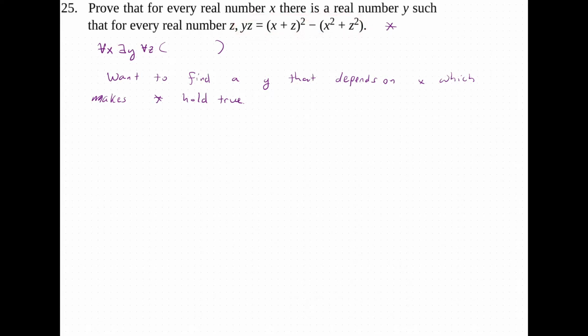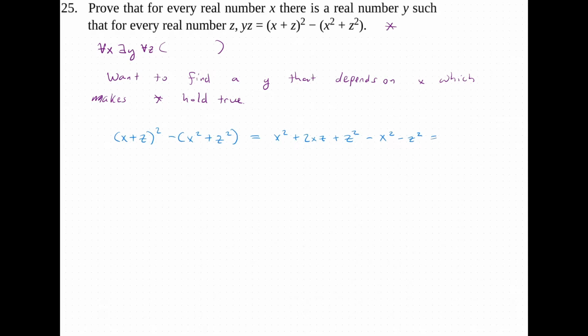So before we begin, this is where scratch work is important. What happens if we try to solve for y? What do we get? Well, to do so, let's expand the right-hand side. So we expand the right-hand side, we have (x plus z) squared minus (x squared plus z squared). But then the (x plus z) quantity squared becomes x squared plus 2xz plus z squared, minus x squared minus z squared.